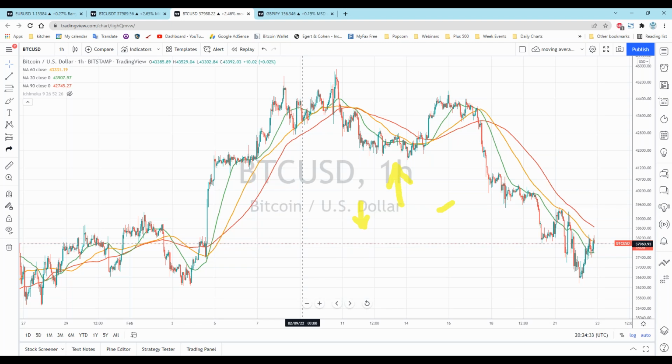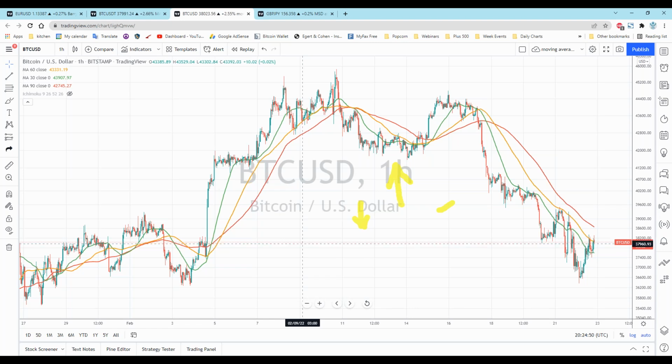If you were comparing that with a 60 period moving average, you would do the same thing over 60 periods. Well, which one's going to react faster to price shifts in the most recent time? The shorter moving average. So it's referred to as the faster.